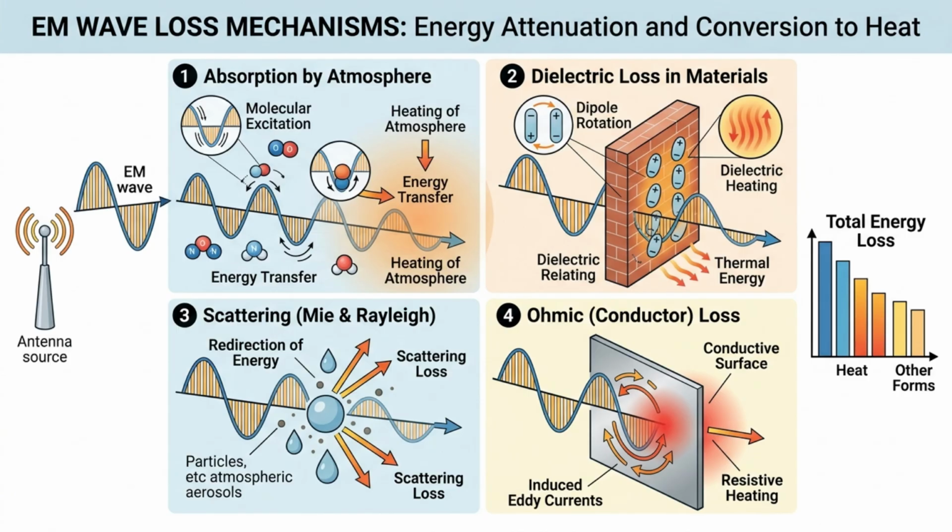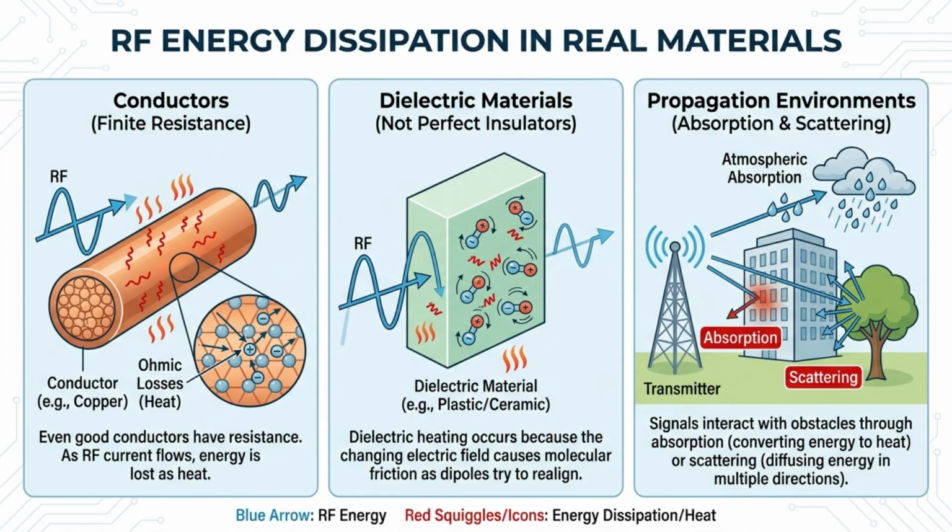Loss mechanisms are physical processes that remove energy from an electromagnetic wave and convert it into other forms, typically heat. Whenever RF energy interacts with real materials, some of that energy is dissipated. Conductors have finite resistance, dielectric materials are not perfect insulators, and propagation environments contain objects that absorb or scatter electromagnetic energy.